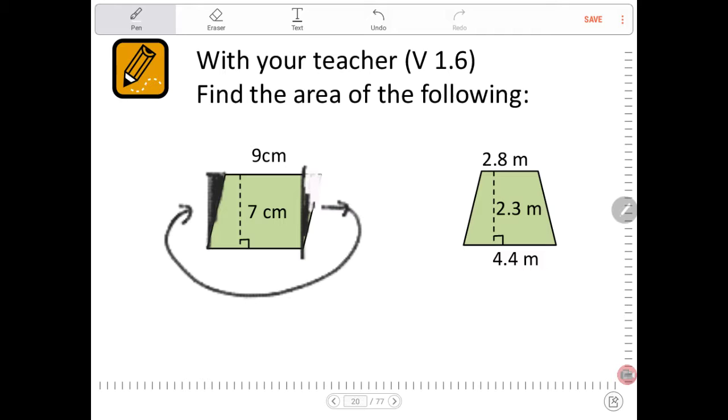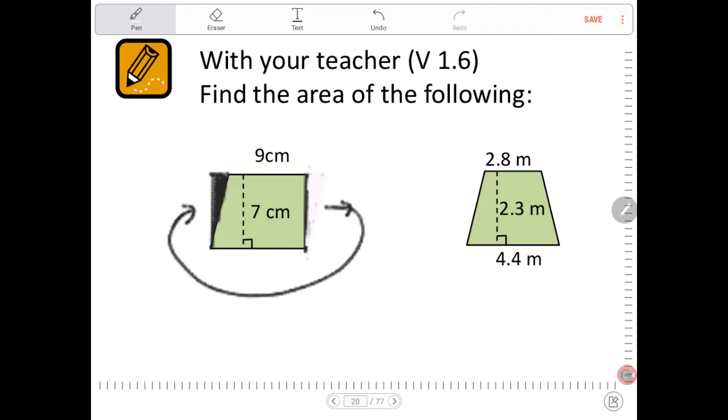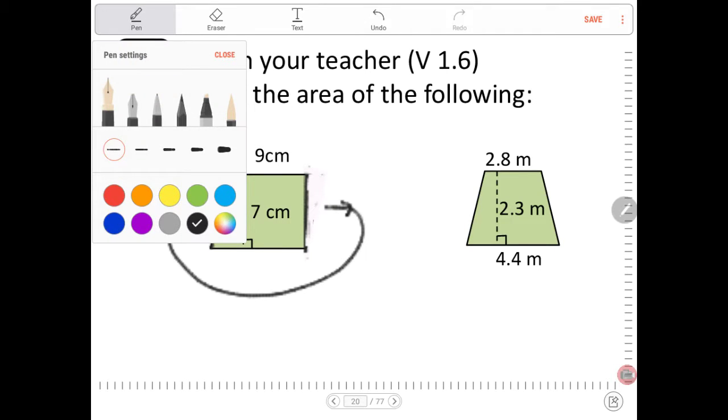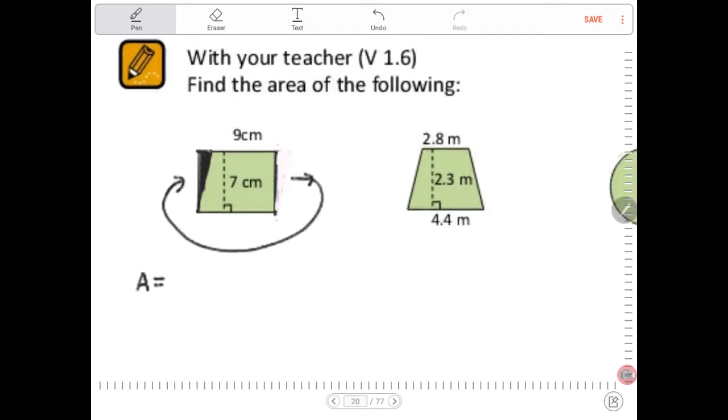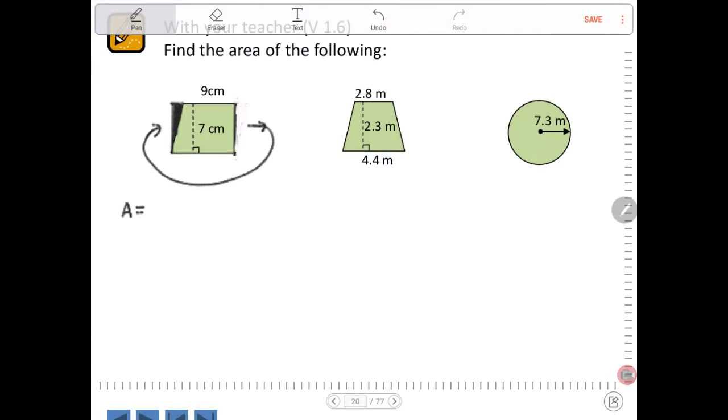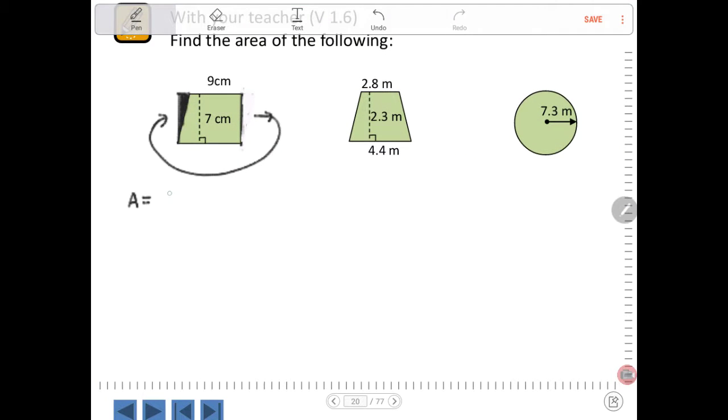So it's gone from this spot, and you can see that what we end up with is a rectangle which is 9 by 7. So the area A is simply the base times the height, just like a rectangle. So for that one we get 63 square centimetres, 9 by 7.